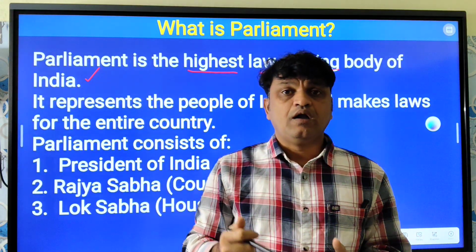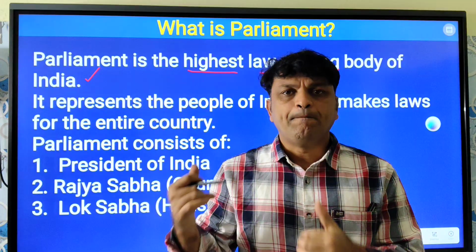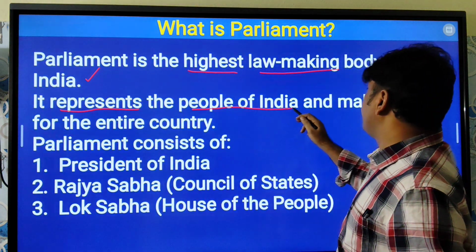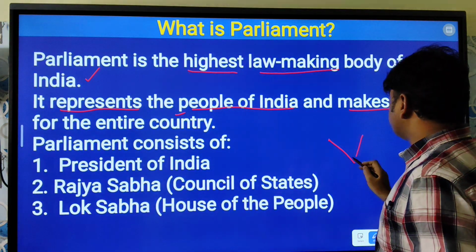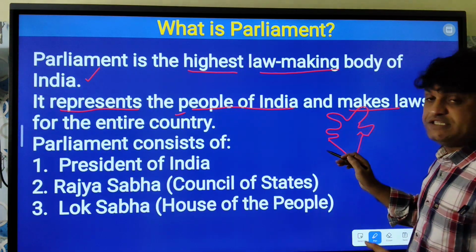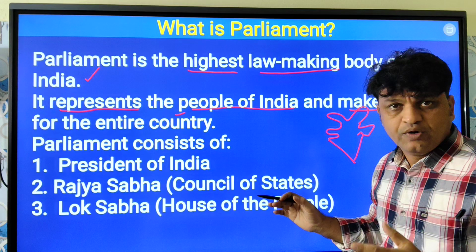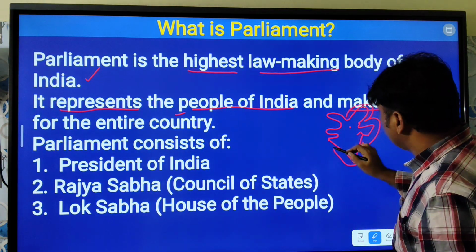Who makes the laws for our whole union government and the whole country? It is the Parliament. Parliament represents the people of India and makes laws for the entire country. Let us imagine this is India; the Indian Parliament is stationed at New Delhi and makes the laws for the whole country.